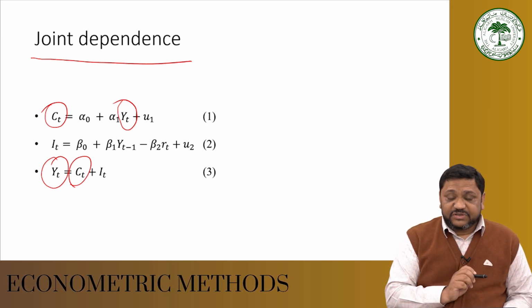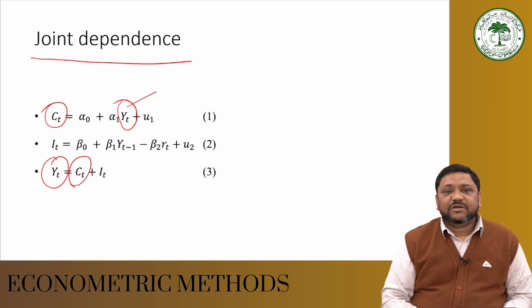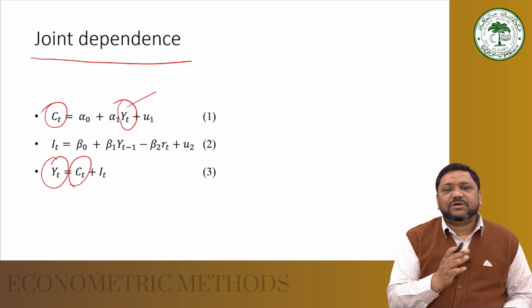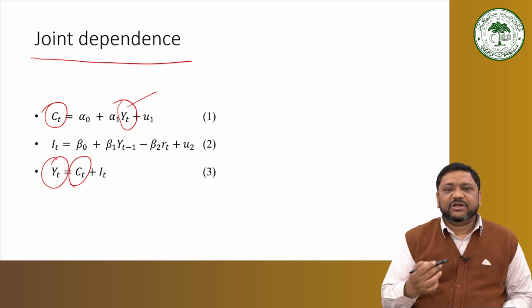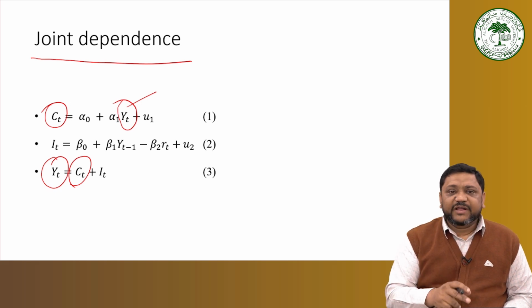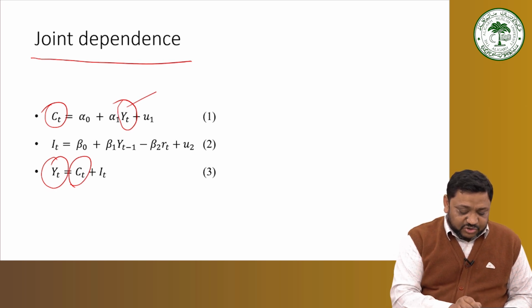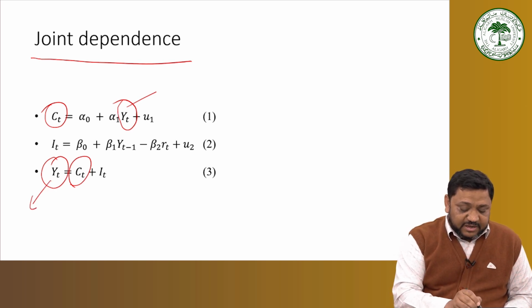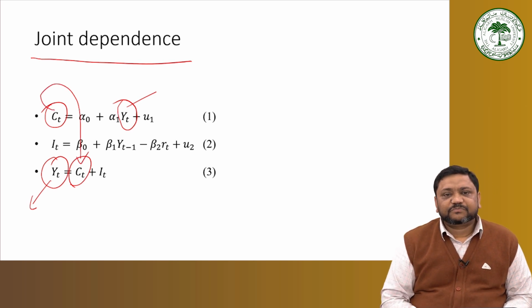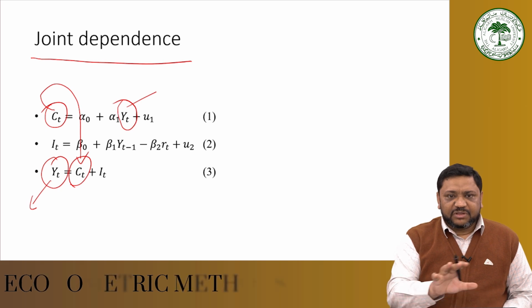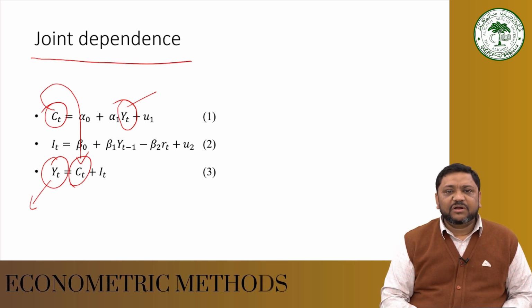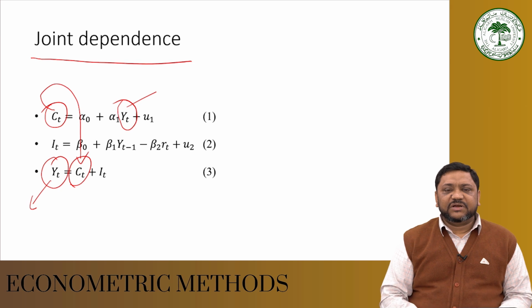So what I want to emphasize is Y_t. Till now we were using the terminology of independent and dependent variable. So Y_t was the independent variable, but the same independent variable is also a dependent variable, and the dependent variable becomes an independent variable. As such, I should not be using the words dependent variable and independent variable, because in the discussions on simultaneous equation models, there is no such thing as a dependent or an independent variable.